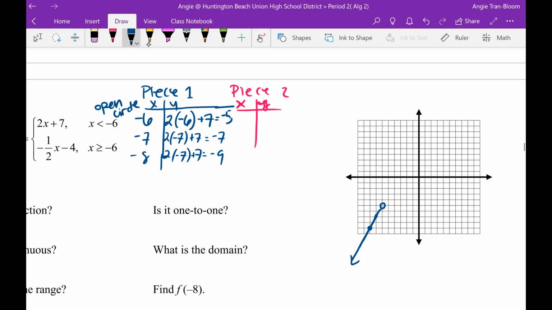That's piece number 1. Piece number 2. So in teams, talk about the starting point for piece 2, and then decide if it's open circle or closed as well, okay?